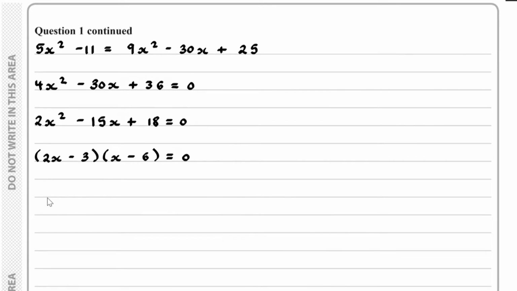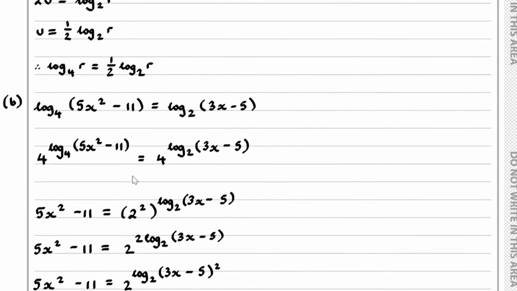And so therefore, we've got solutions x equals 3 over 2 and x equals 6. Now, if we go back to the original problem, when x is equal to 6, here I've got 36 times 5 minus 11, that's positive.